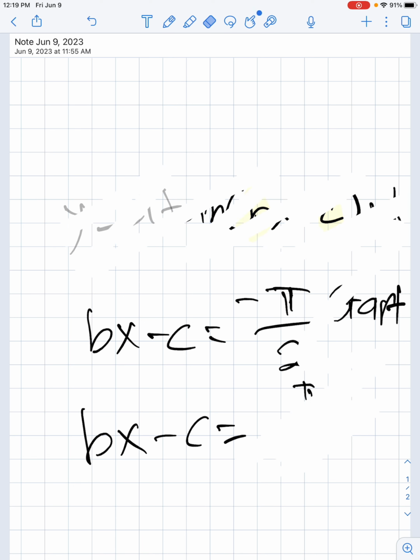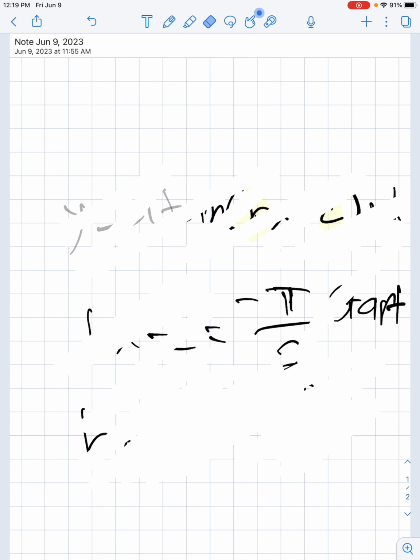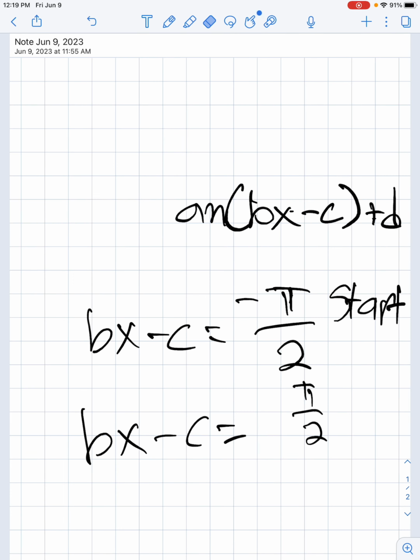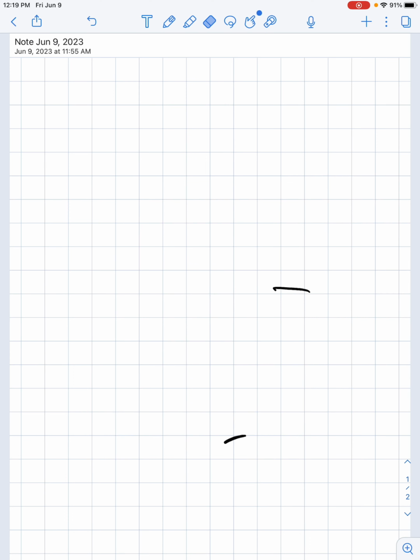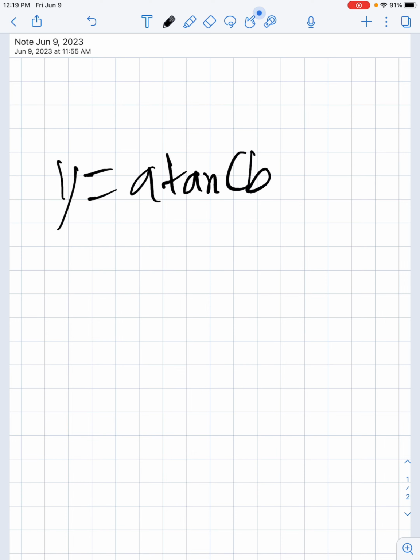After finding bx minus c, you would then find d in the equation. And in the equation, it would look like this: y equals a tangent, bx minus c, plus d.